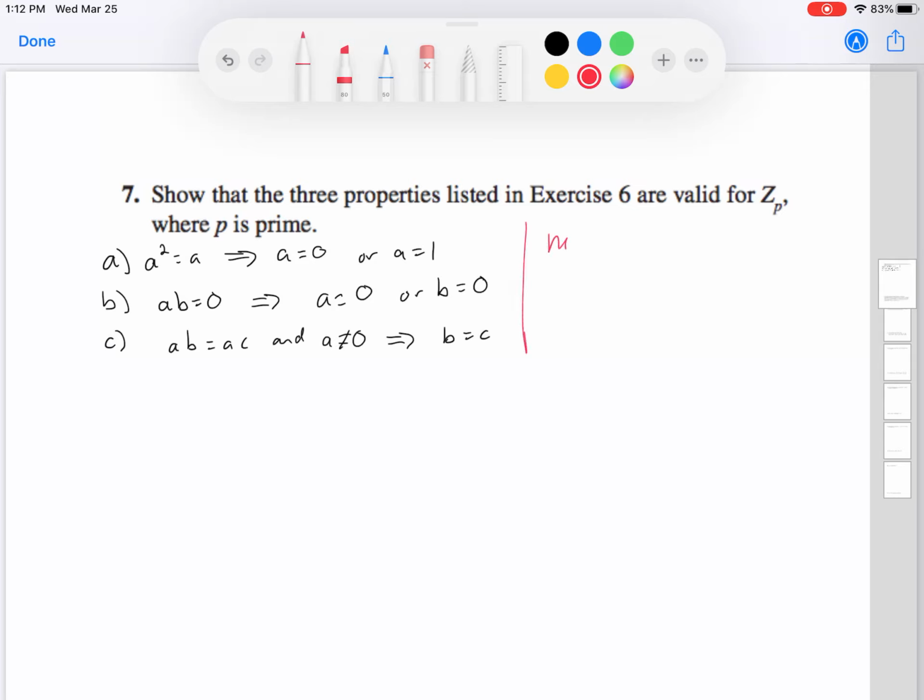So, first off, something important to note: in Z_p, we will have a multiplicative inverse for all a not equal to 0. That is going to be an important piece for us to use.